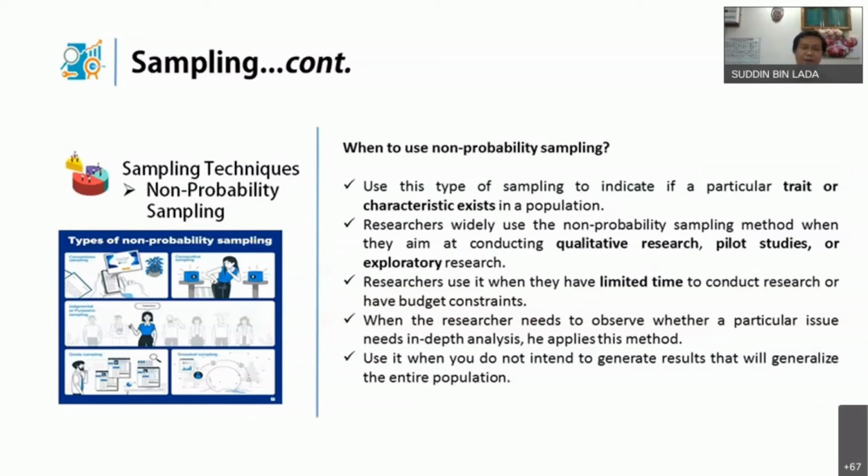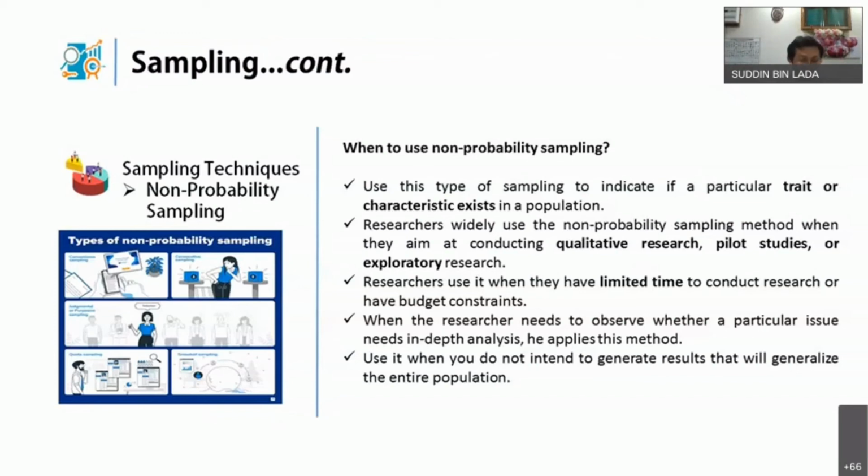Okay, that's why we need non-probability sampling. And again, number 3, limited time constraint. Because if you go for probability sampling, especially systematic, cluster, or whatever, we need a lot of time consuming in data collection. But kalau kamu ada limited time, the best is non-probability sampling.